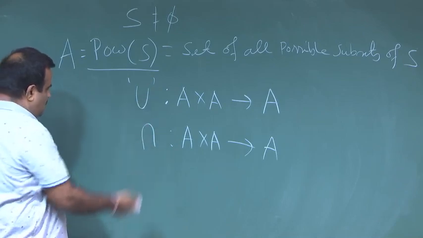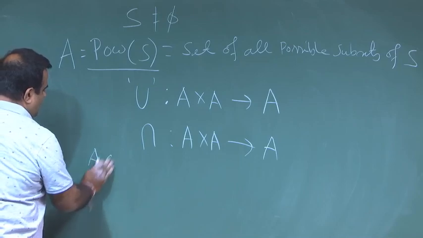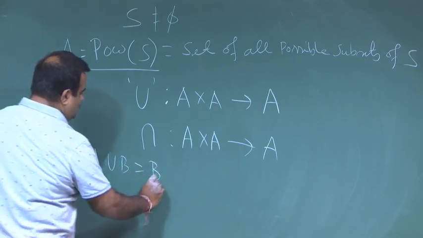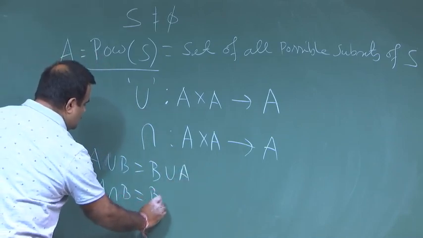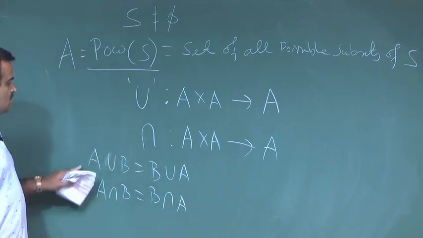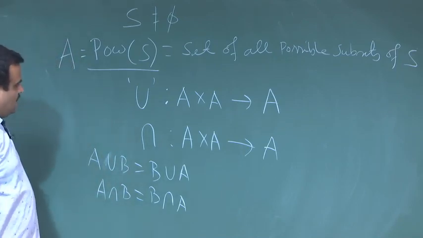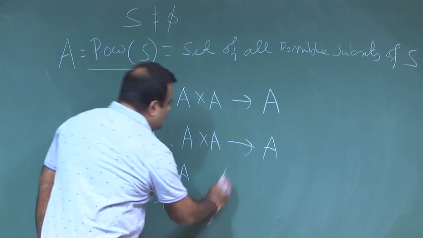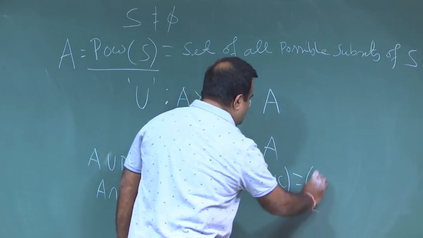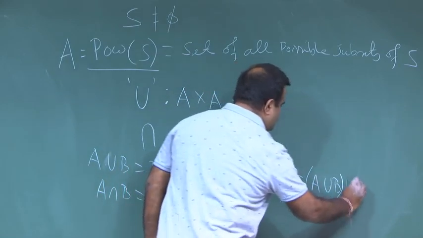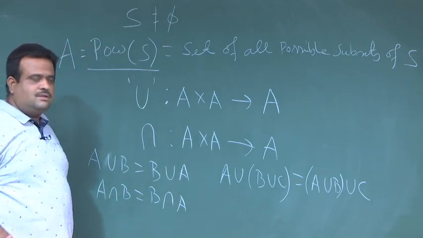Yes, because we know A union B is basically B union A. Also, A intersection B is equal to B intersection A. So, these two are commutative operations, and associativity, yes, this is also there, because (A union B) union C we have proved, I think, in the class of set theory, is A union (B union C).